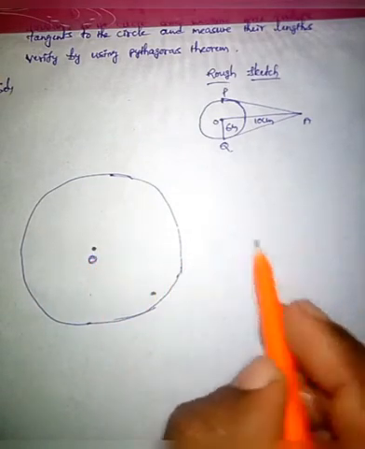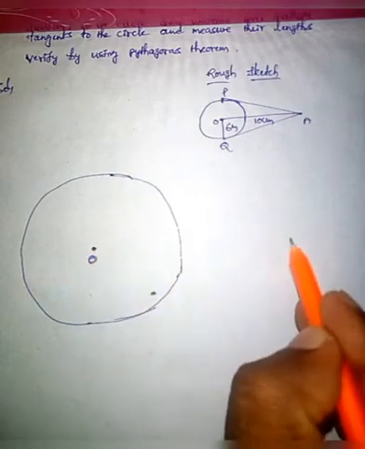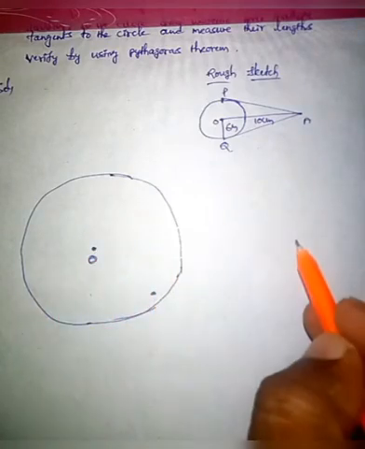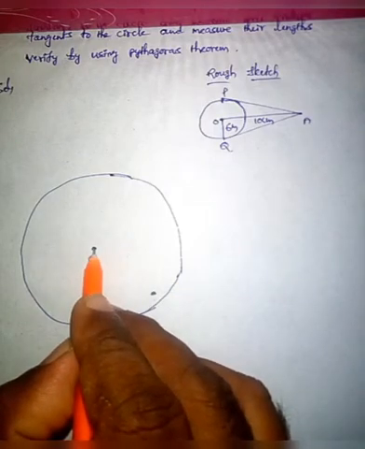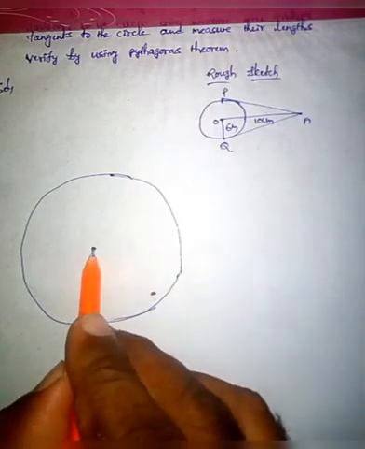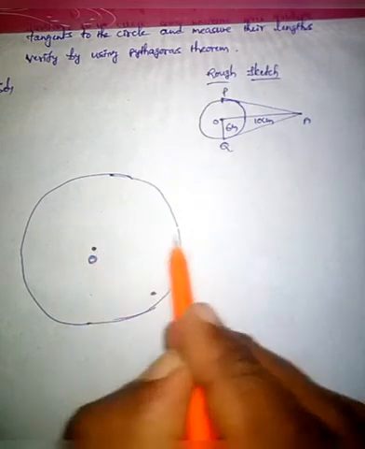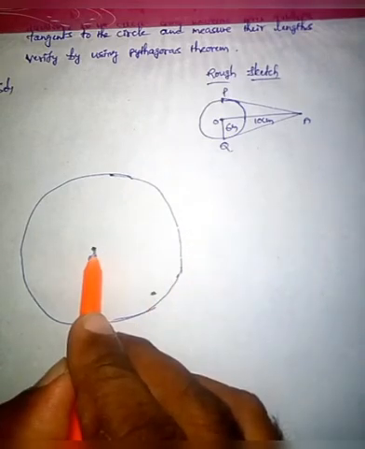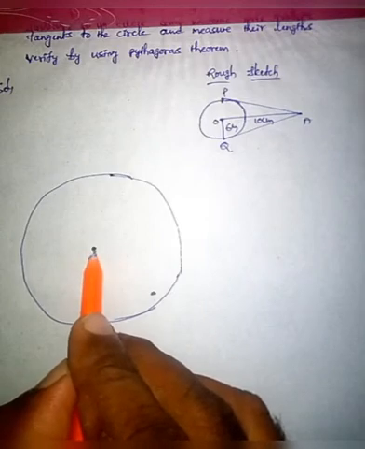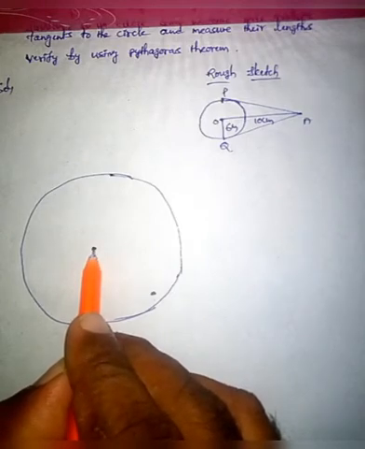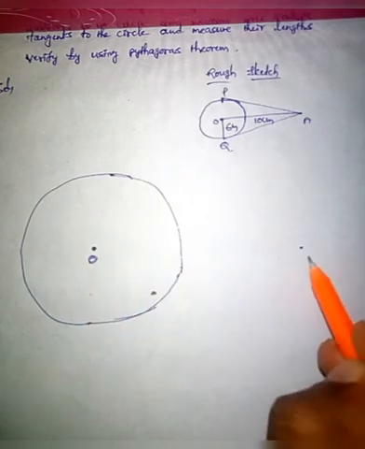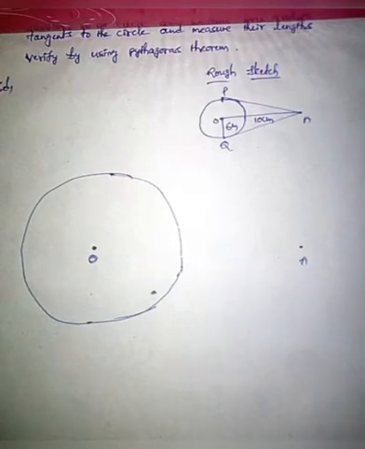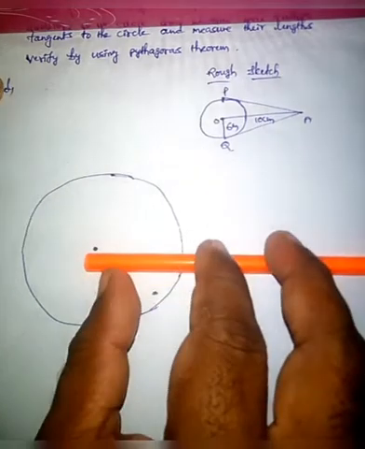By using a scale, select a point outside of the circle which is 10 centimeters away from the center of the circle. Take your scale and place it such that the 0 point coincides with the center O, and then select a point which is 10 centimeters away from the center. Arrange the scale in this way.